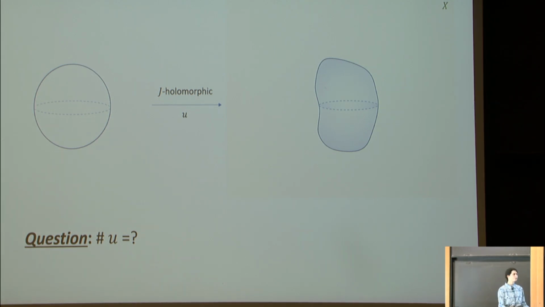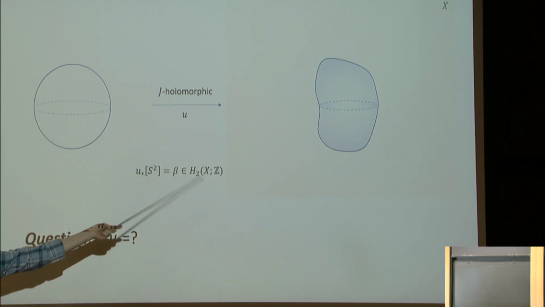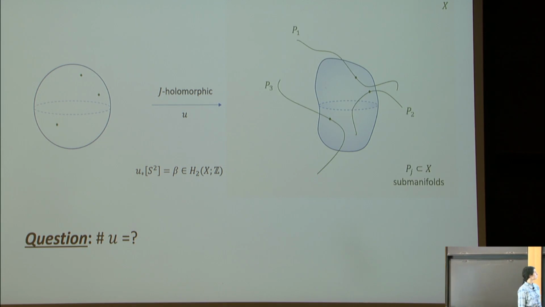Now, naturally, as put right now, this is not a question that has a concrete answer because, for starters, there's no reason to assume that the answer is a finite number. So we'll have to impose a bunch of conditions. First of all, we need to fix the degree of the map, right? Which homology class it represents. And we'll also need to impose further conditions, so we will put marked points on the sphere and tell you where those marked points need to go.